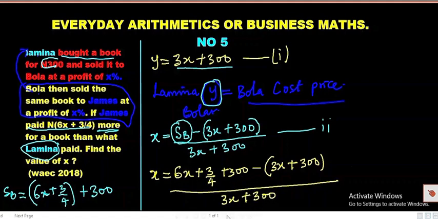Now, this is the equation I have to work with. And because this is the second equation, let me call it equation 2.